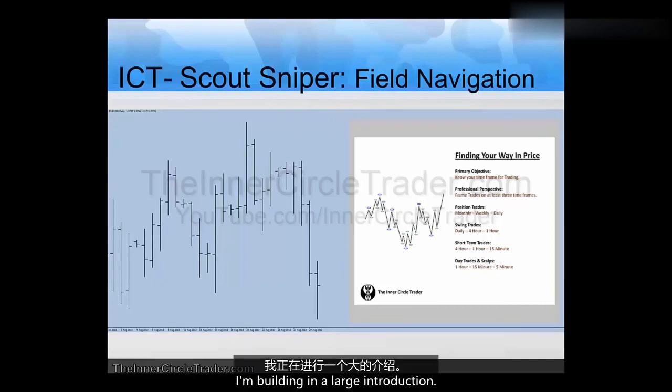I'm building a large introduction into basically Alexander Elder's triple screen approach with an ICT twist. So if you're a position trader, you would utilize the monthly, the weekly, and the daily chart. You'd be looking for monthly higher time frame support, resistance levels and reaction levels, and the weekly chart as well, and then keying off of the daily chart for your trades.